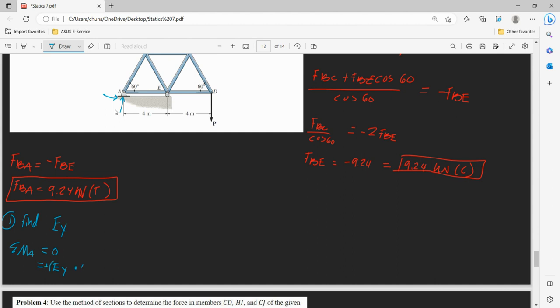And this is at a distance of 4. And we would need to go clockwise for our 8 kilonewtons. Go 8 meters to get there. So then EY is equal to 8 times 8 divided by 4, which is equal to 16 kilonewtons.